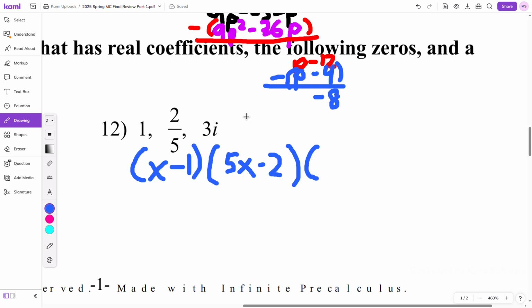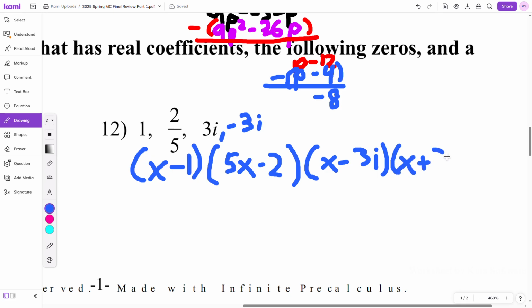They come in pairs. 3i has to come with its conjugate, negative 3i. So actually, we know this has to be degree 4, because you can't just have 3i. You also have to have the negative. And so, if you will, you can say x minus 3i, but also x plus 3i.